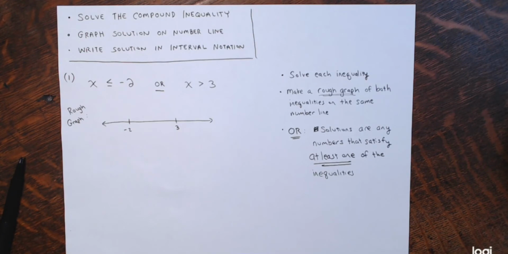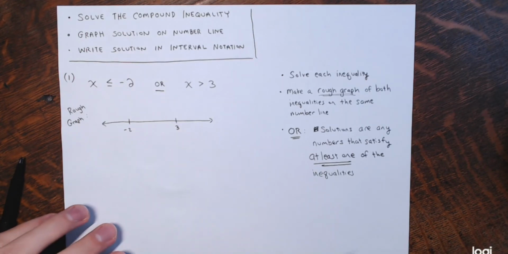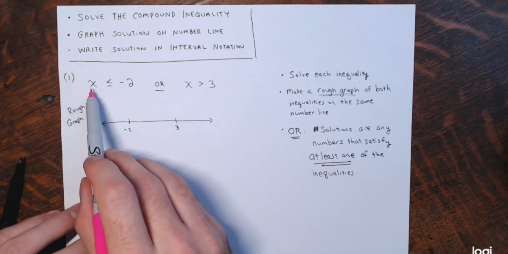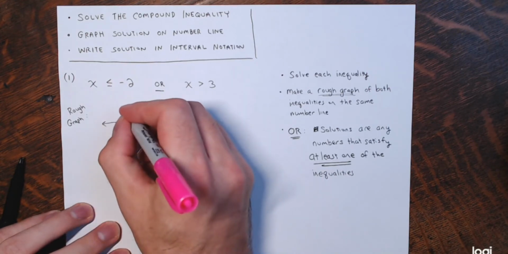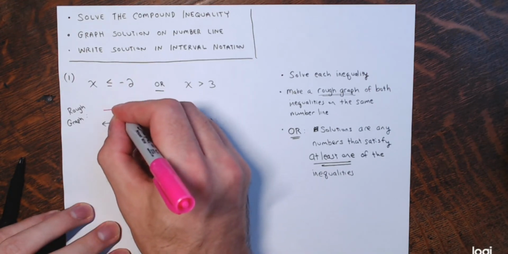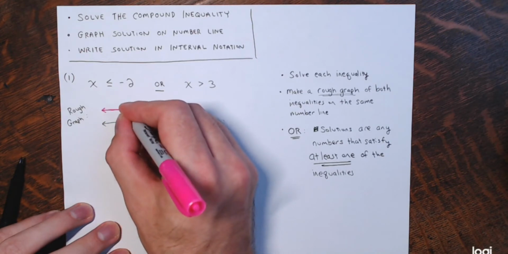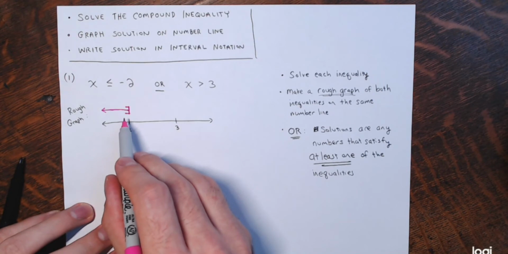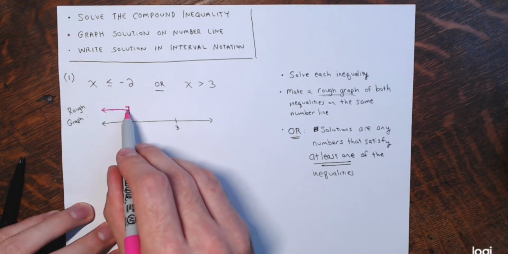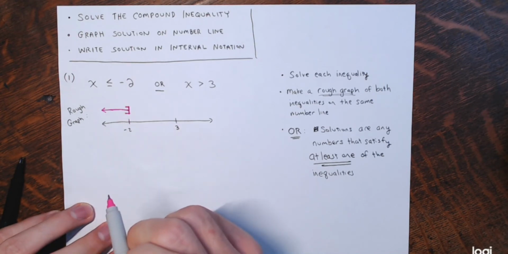I like doing one on top and one on bottom. You can do both of them on the same side of the number line, I don't really care. So first I want to graph the numbers that are less than or equal to -2. I'll do that on top here. So that's all these numbers that are less than -2 or equal to -2. So a little bracket there or a closed point to indicate that -2 is part of that.